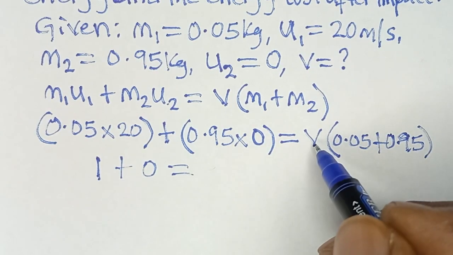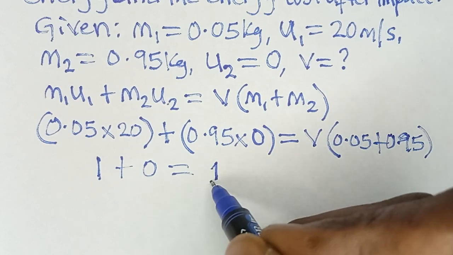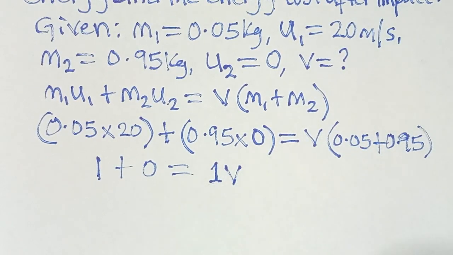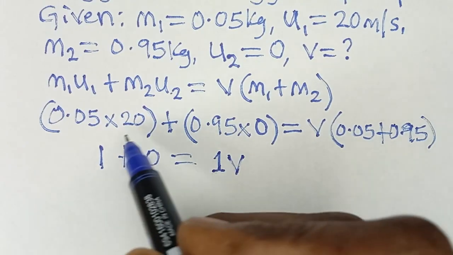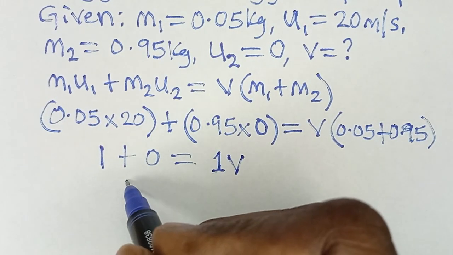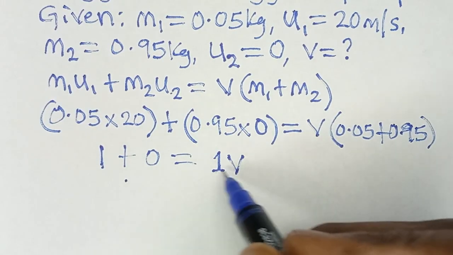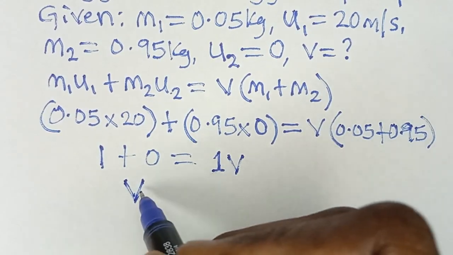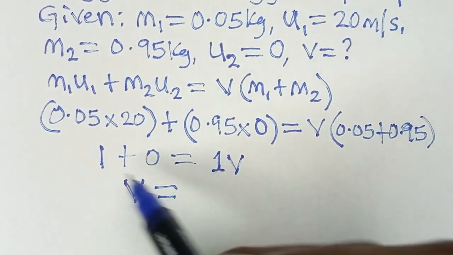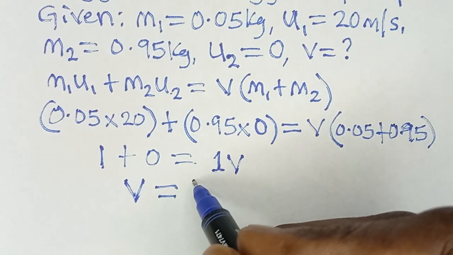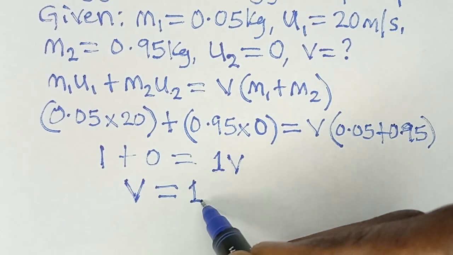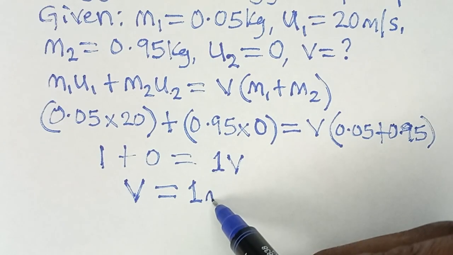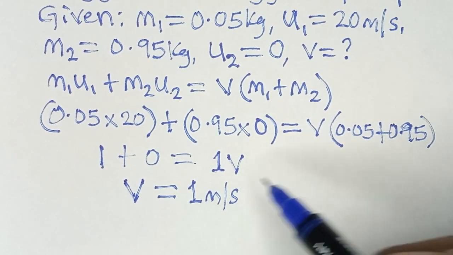So 1 multiplied by V, and then we have 1V, which is entered as V. By the time we divide both sides by 1, don't forget this 0 means nothing. So 1V is entered as V, and that is equal to 1 plus 0, which is 1. So that means the final velocity after the impact is 1 meter per second.